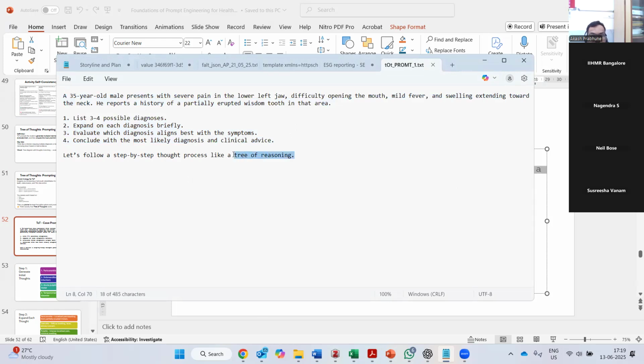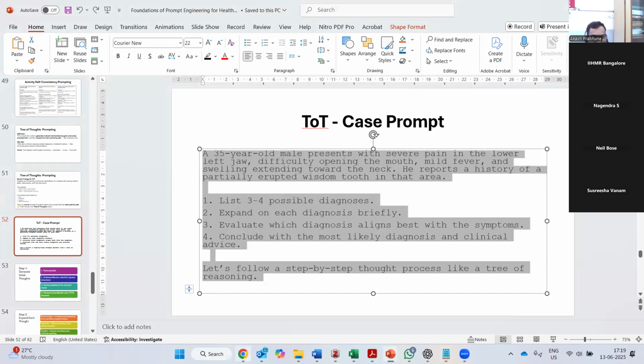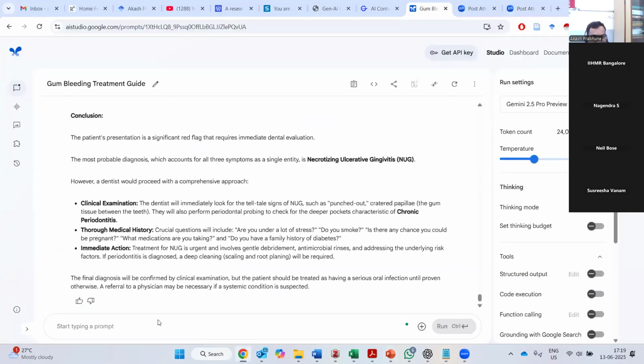If you mention this, the machine also understands that it's a TOT kind of prompt. So let me try this once on my Gemini. You can try on whatever machines you are using.